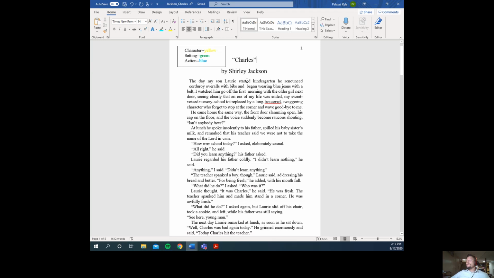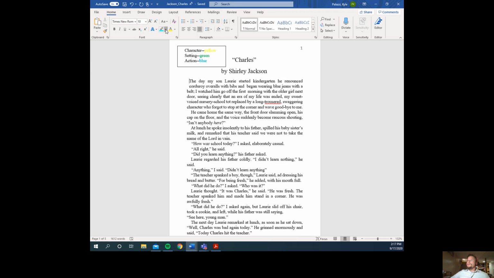From the fact that he is starting kindergarten, we know that age-wise, he is very young. But given that, as the mom puts it, he renounced his corduroy overalls with bibs and began wearing blue jeans, that gives us a sense that he is a little grown up.